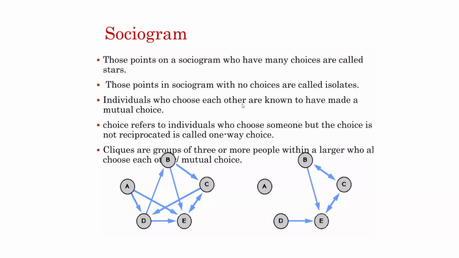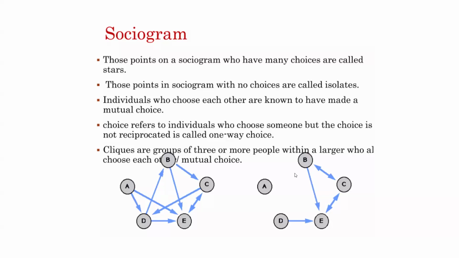Individuals who choose each other are known to have made a mutual choice. A choice where an individual chooses someone but the choice is not reciprocated is called a one-way choice.